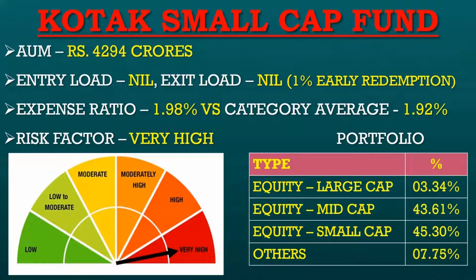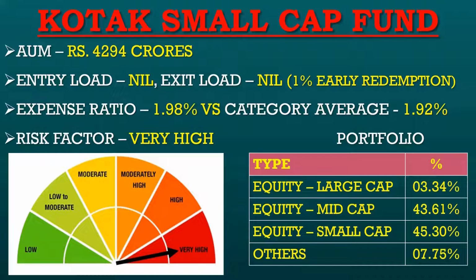Here also, there is no entry or exit load, but for units in excess of 10% of the investment, 1% will be charged on redemption within 365 days as an exit load. In this fund, there is an expense ratio of 1.98%, which is very marginally higher than the category average of 1.92%.